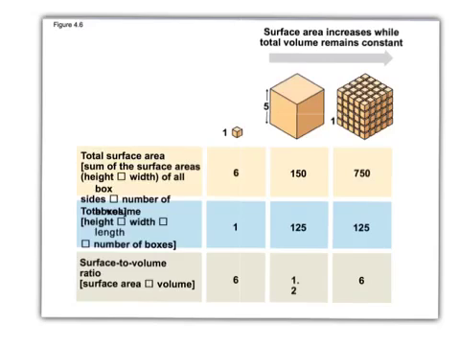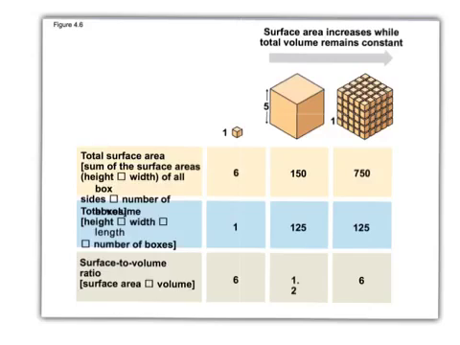Look what it looks like. Here's the total surface area of one cell in the first column. If it's 1 unit high, 1 unit tall, 1 unit deep, total surface area for that square, we'll call this a cube, is 6. 6 faces of the dice, right? 1 by 1. Total surface area is 6.